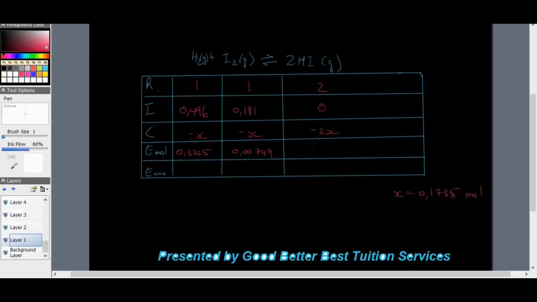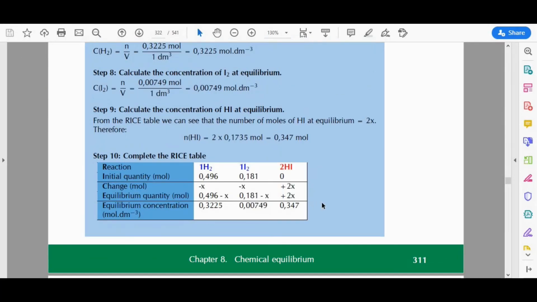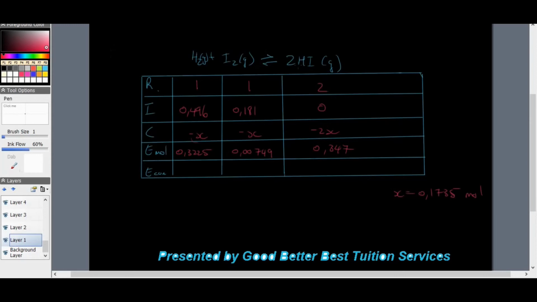Okay, and then for this one over here, it should be 2 times 0.1735. We get the value of 0.347. Okay, let's double check our values. Yes, we do. And I don't know why I put minus there, it should have been plus.